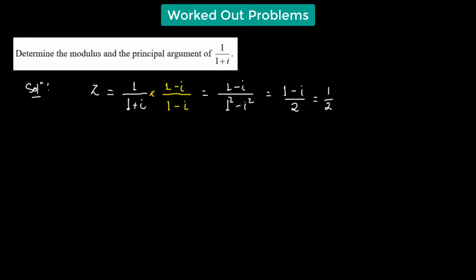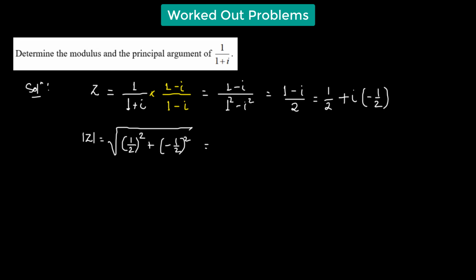Now separating the real part and the imaginary part, we have half plus i times negative half. So this is the complex number in the standard form. So the absolute value or the modulus of a complex number will be the square root of the square of the real part, which is half squared, added to the square of the imaginary part, which is negative half.